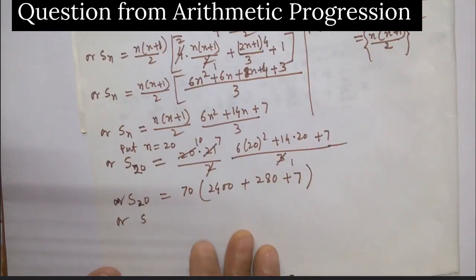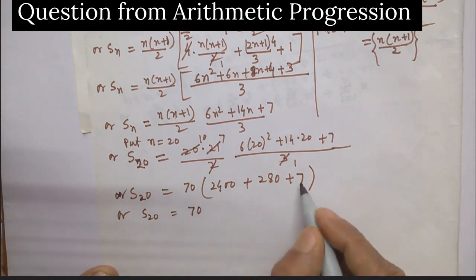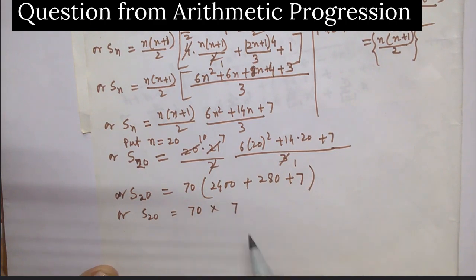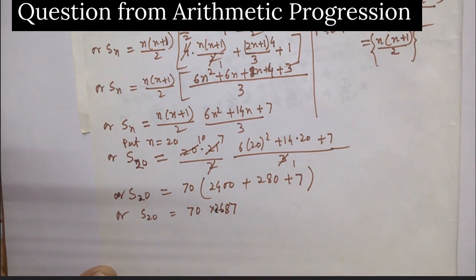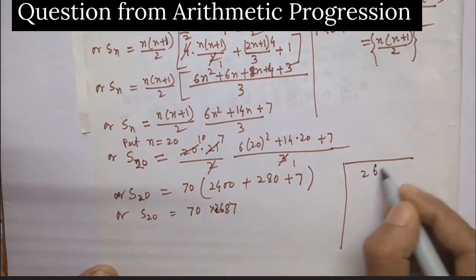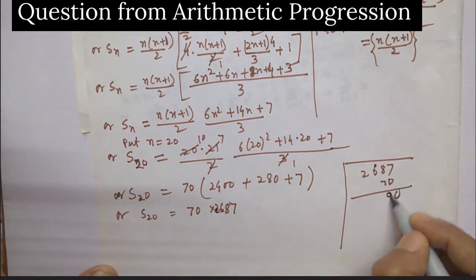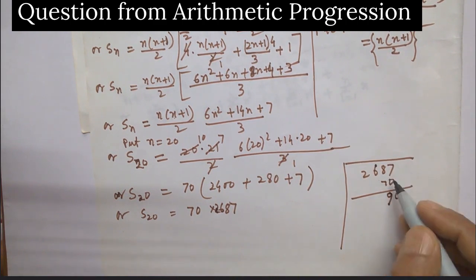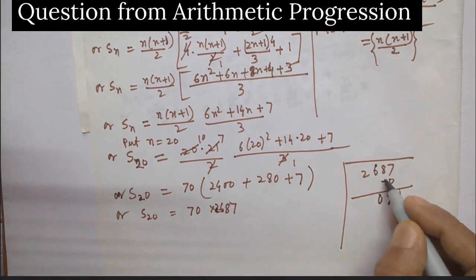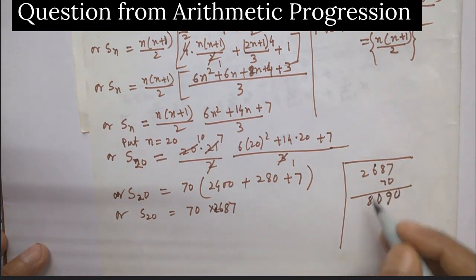Or S20 is equal to: add this, 70 into 2687. Now doing the multiplication: 2687 into 70, 0, 7 sevens are 49, and so on.